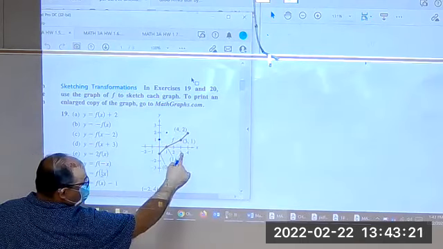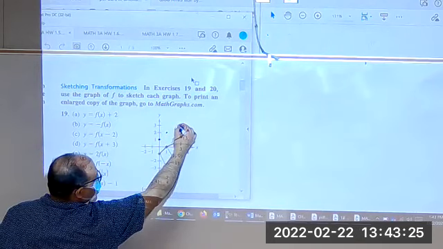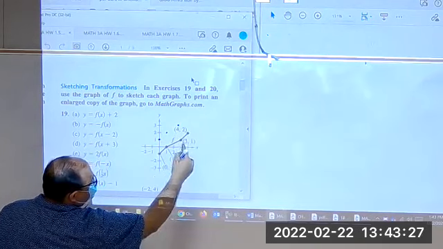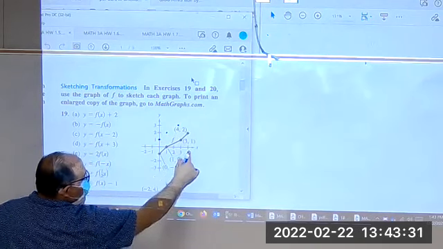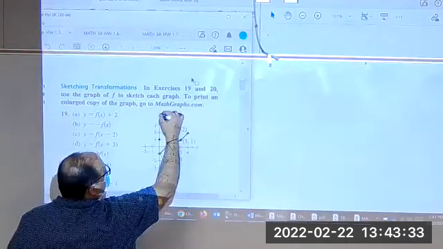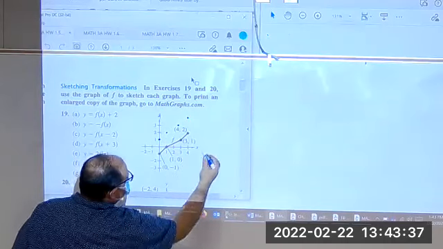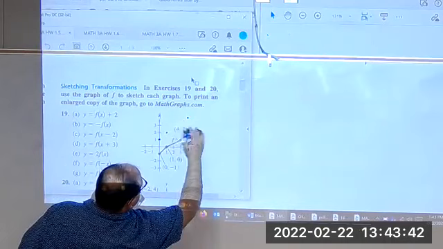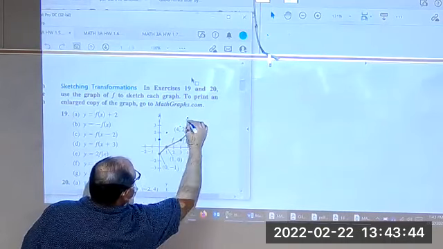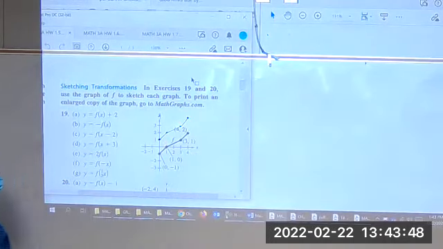When 3 goes in, we get 1. 1 plus 2 is now 3. And when 4 goes in, we get 2. 2 plus 2 is now going to be up here at 4. So there, there, and there. That's all you do.